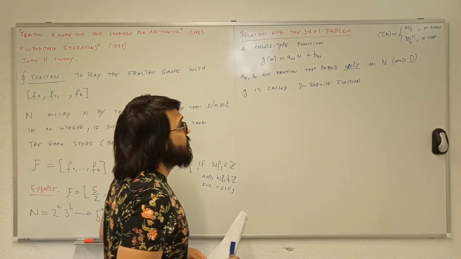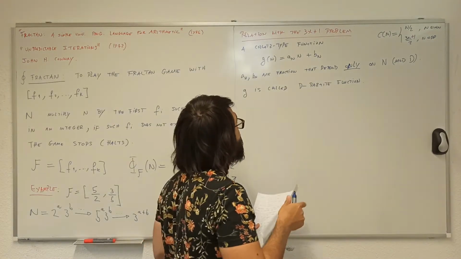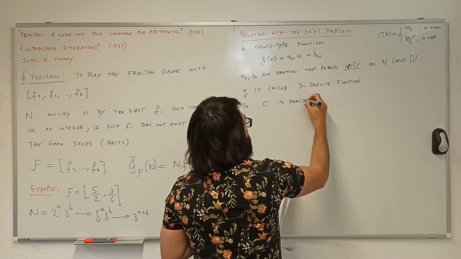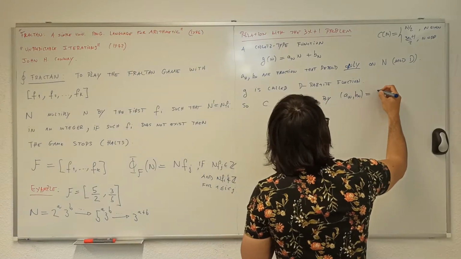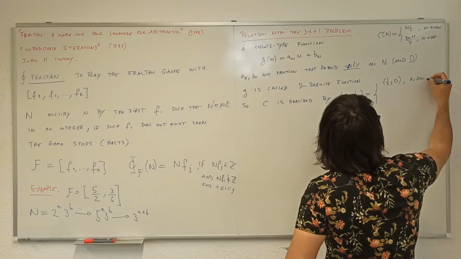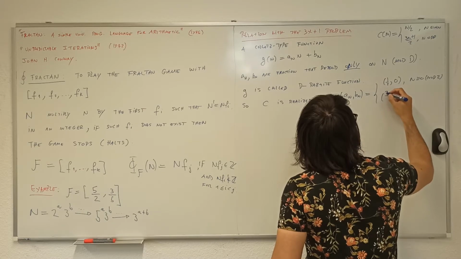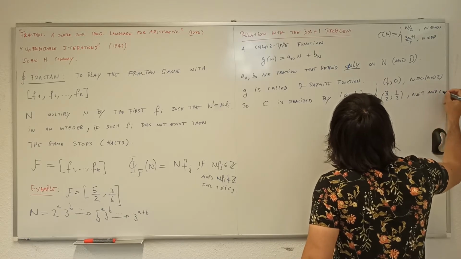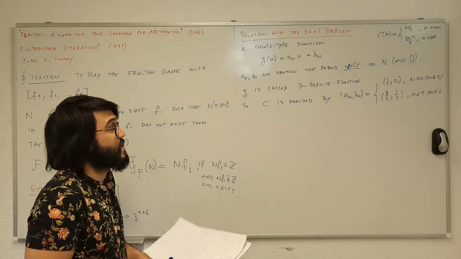The Collatz map is then realized by taking a_n, b_n to be equal to (1/2, 0) if n is even, and (3/2, 1/2) if n is odd. So that would realize the Collatz map.